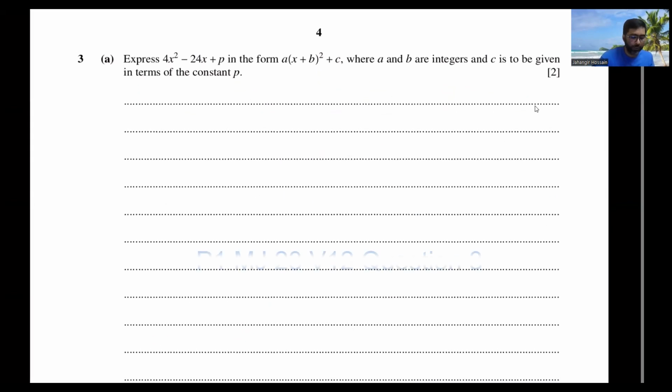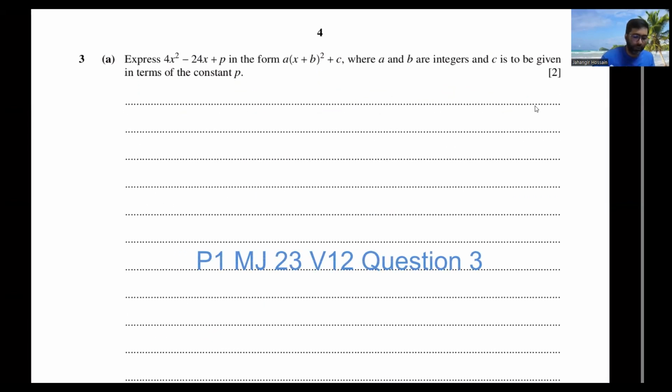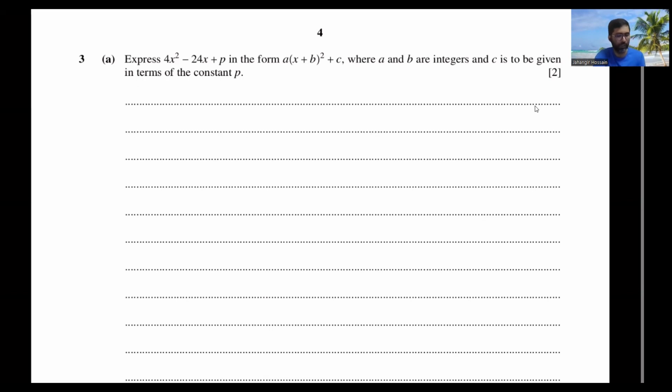In question 3, you see, express 4x square minus 24x plus p in the form a into (x plus b) whole square plus c, where a and b are integers and c is to be given in terms of the constant p. So you need to do completing the square here.